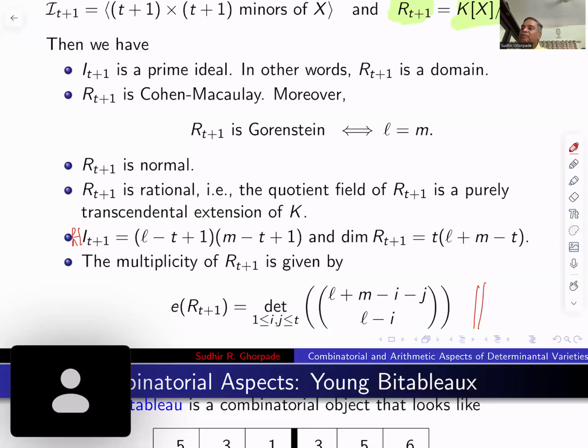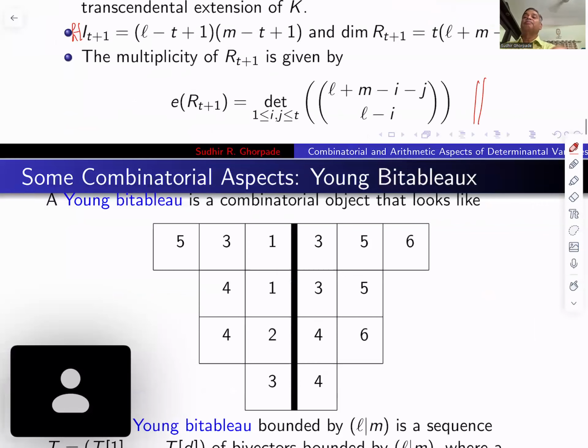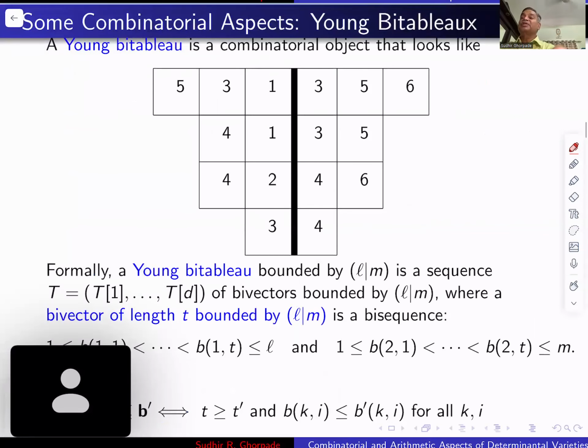I think first highlighted by Doubilet, Rota, and Stein, and then De Concini, Eisenbud, Procesi, and further explored by Abhyankar and so on. So I want to talk about some of these combinatorial aspects. That brings me to what is called a notion of a Young bitableau. Okay, so what is a Young bitableau? Many of you might have heard about Young tableau, which is typically like a one-sided arrangement of this type.